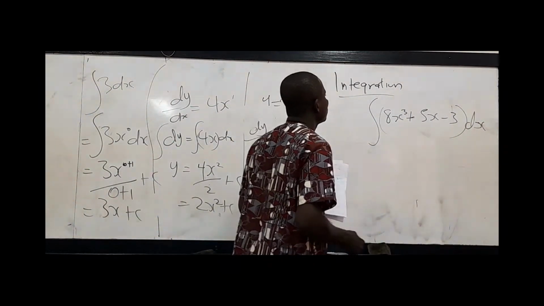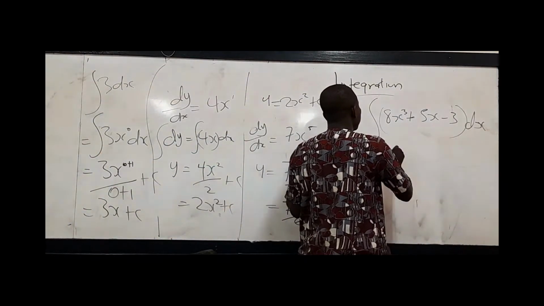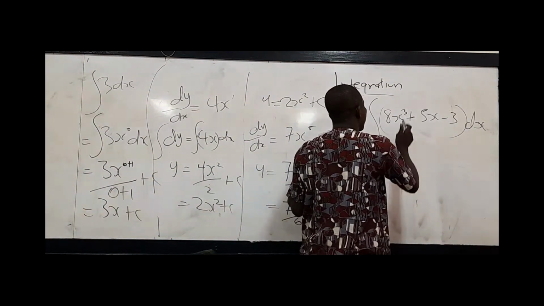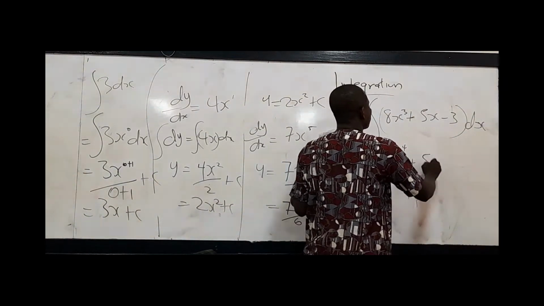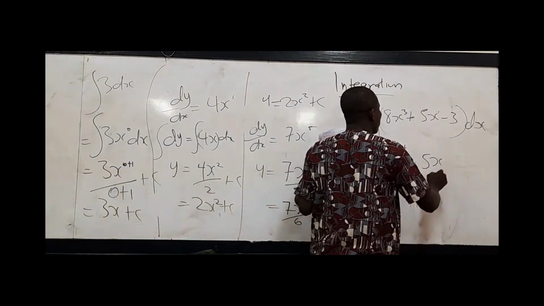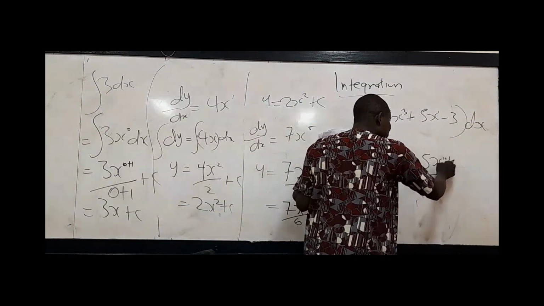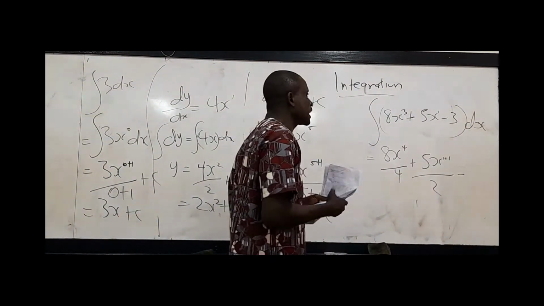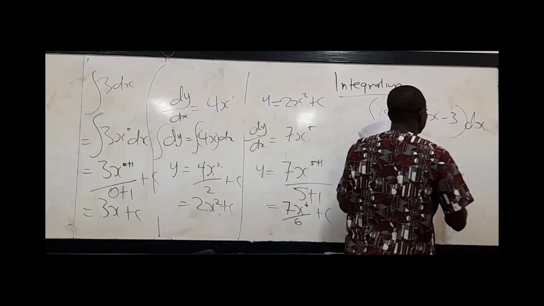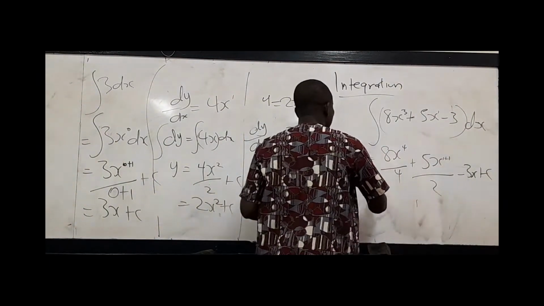If you are integrating this, you are going to have 8x^4, you add 1 to this, then over 4, plus 5x, plus 1, also over 2, then minus, anytime you are integrating a constant, here is going to give you 3x, then plus c, where c is the integrating constant.